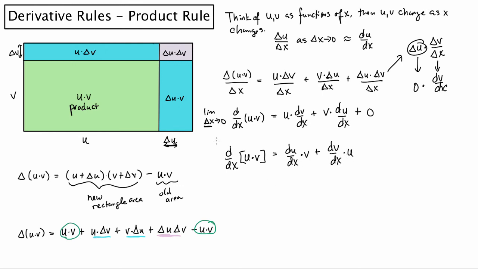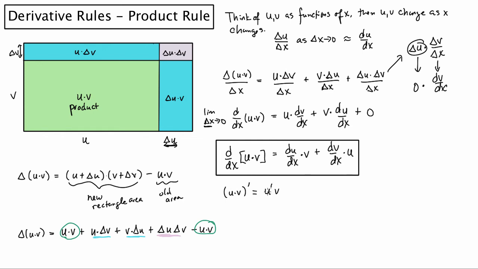Now that's the Leibniz way of writing it. Oftentimes we'll write it using Newton's notation as the derivative of u v, that is (uv)', is equal to u prime v, so the derivative of the first times the second, plus the first times the derivative of the second. So all of those are ways of describing the product rule.